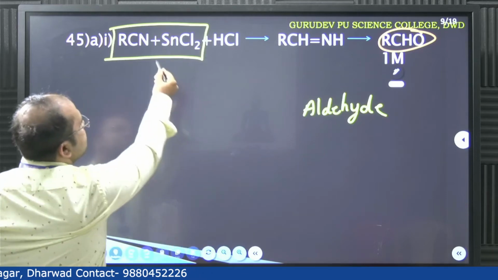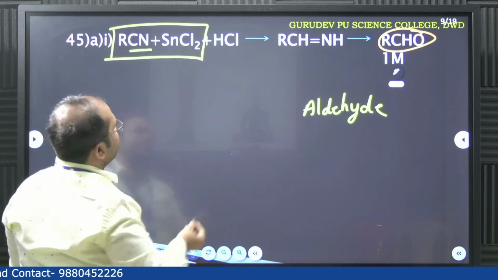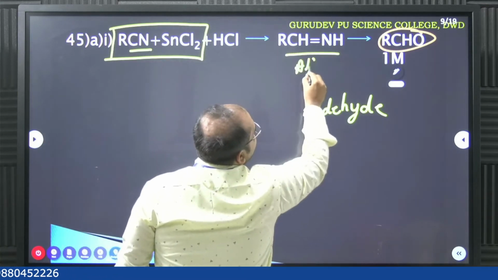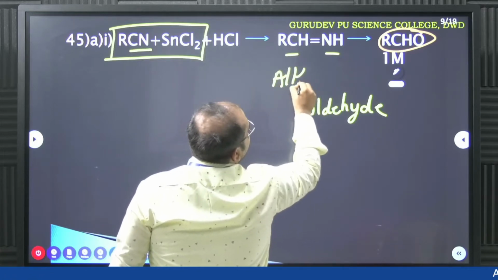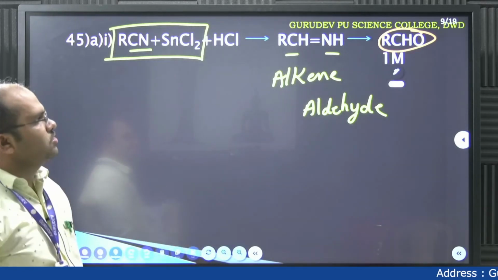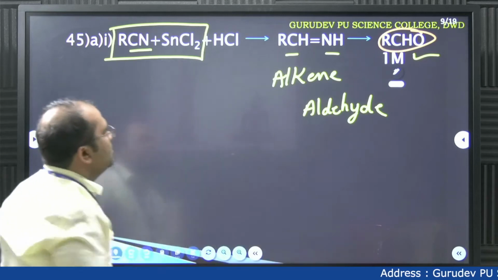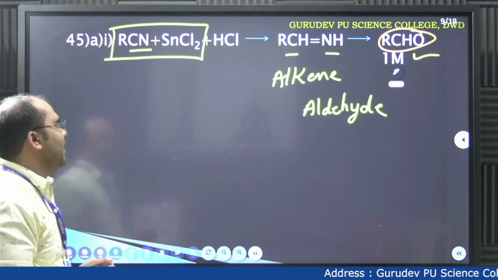This stannous chloride reacts with the cyanide. It is going to form the alkene as the intermediate. The intermediate, on the addition of a water molecule, is going to form the aldehyde. My dear all, they are asking the name of the reaction.